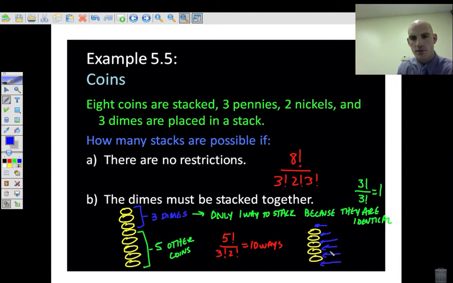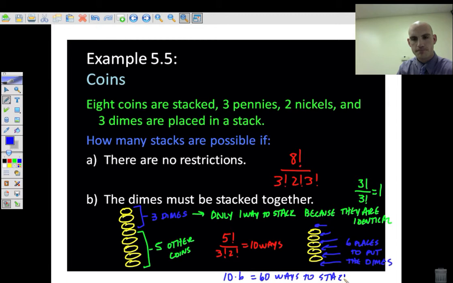So there's 1, 2, 3, 4, 5, 6 ways, 6 places to put the dimes. So now we have 10 possible ways to stack those 5 coins and 6 possible slots where that dime stack could go in between. And so really what we have is 10 times 6 is 60 ways to stack.